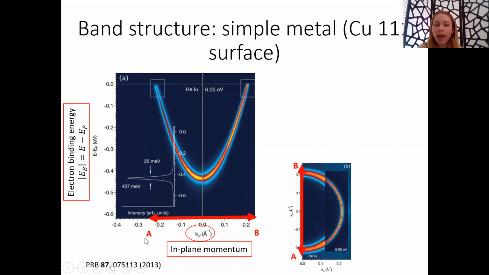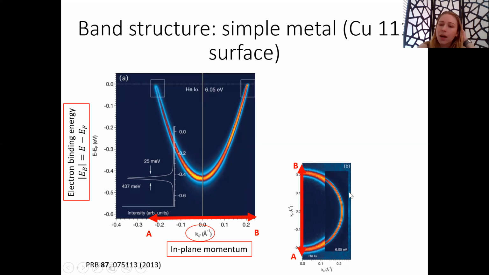And points A and B here correspond to points A and B on this Fermi surface. So in this figure that I just popped in, the axes are ky on the vertical axis and kx on the x-axis, and this half circle represents half of a free electron gas, because the other half is just going to look exactly the same.